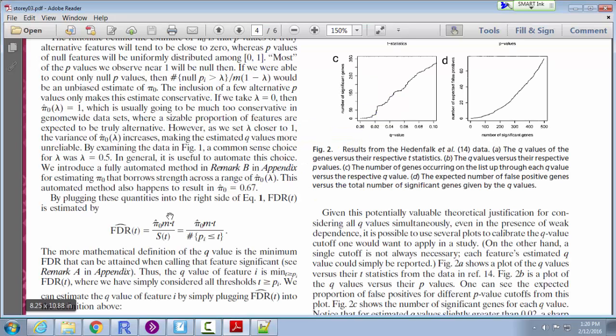So this is how you can estimate a false discovery rate.